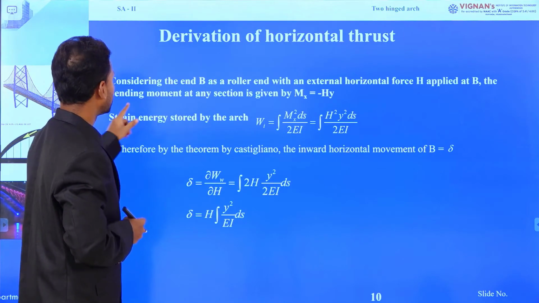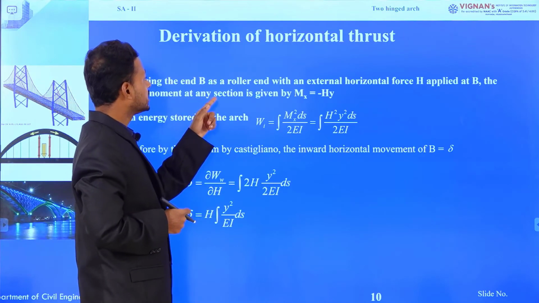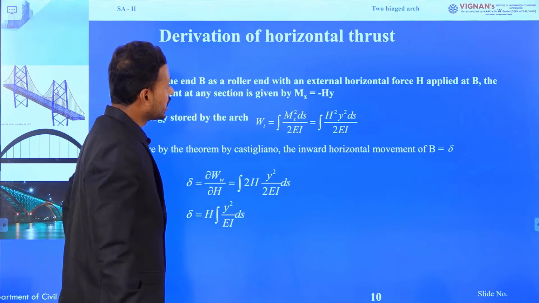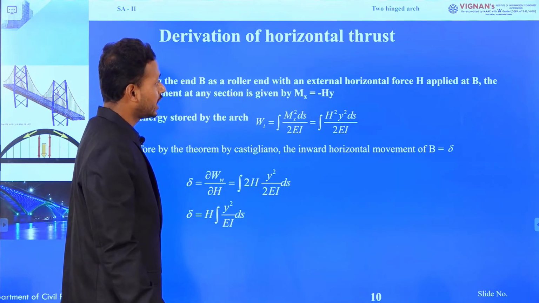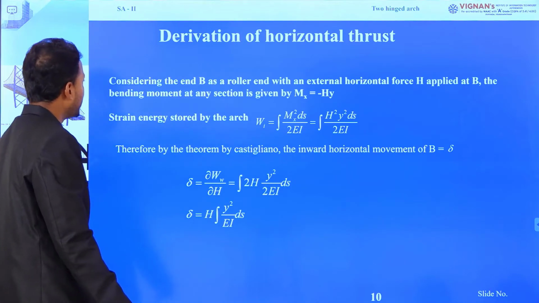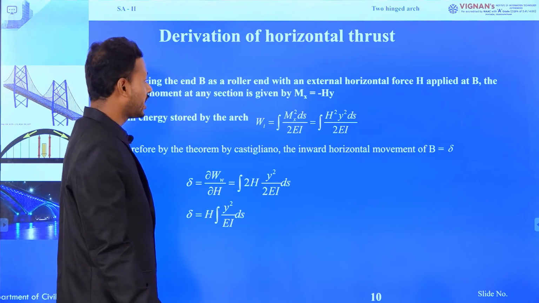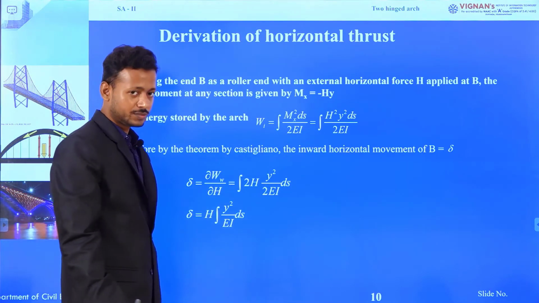Now consider the end B as a roller with an external horizontal force H applied at B. The bending moment at any section is given by Mx equals minus H y.